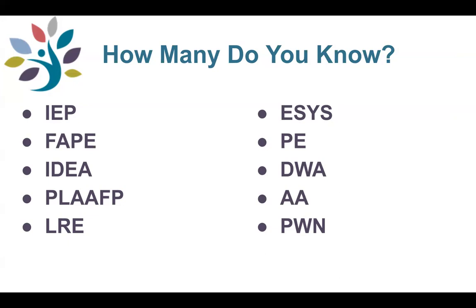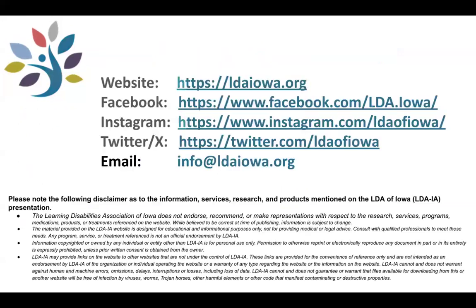ESY is extended school year services. PE is physical education. DWA is the district-wide assessments. AA is the annual assessments, like ISASP or FastBridge, that the state requires. And the last one is PWN, prior written notice, which is the summary of your meeting.